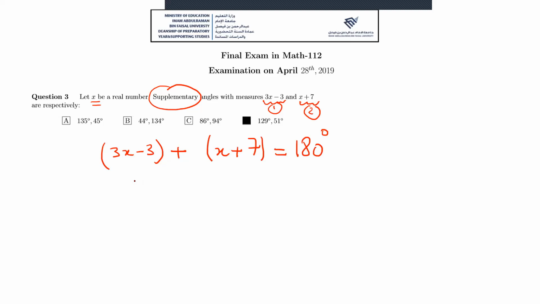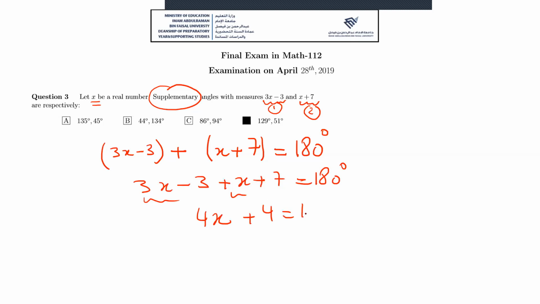So we remove parentheses. We collect x's, 3x plus x, 4x. 7 minus 3 plus 180. So 4x equals 176.